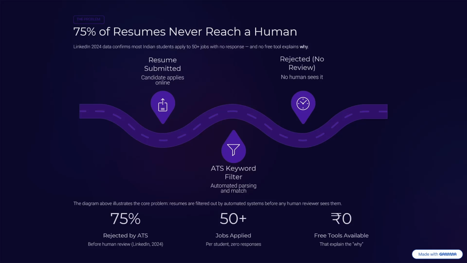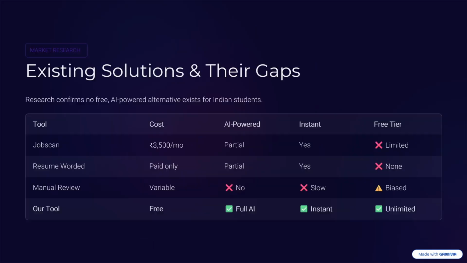And there is no free tool to explain this and make the resume ATS friendly. And the existing tools that are available can cost rupees 3,000 per month, and Resume Worded paid 20. All the existing tools are not student friendly. So I have built one that is completely free, with no login needed and instant results.